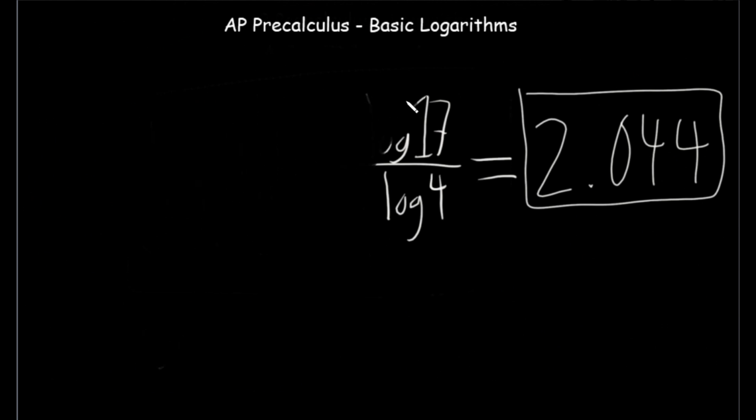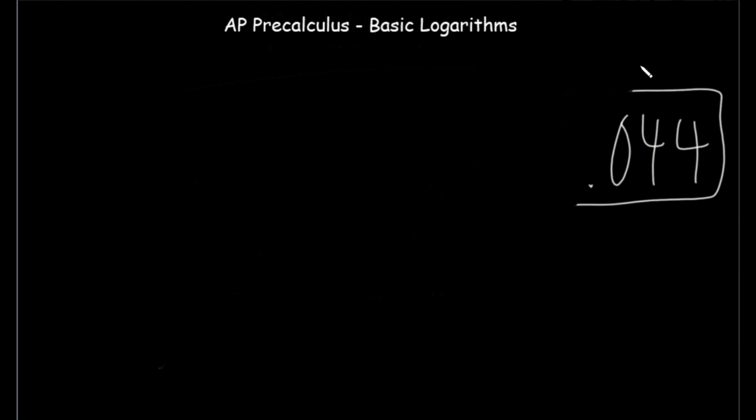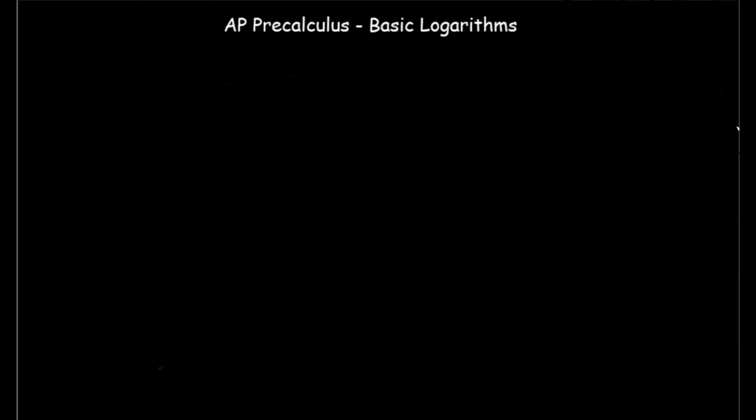Even then though, you're still going to have to use your calculator to figure out that value. But it makes it a bit easier, especially if you're using a scientific calculator. With graphing calculators, you're able to put in the specific base of your logarithmic expression, whereas with scientific calculators you can't.